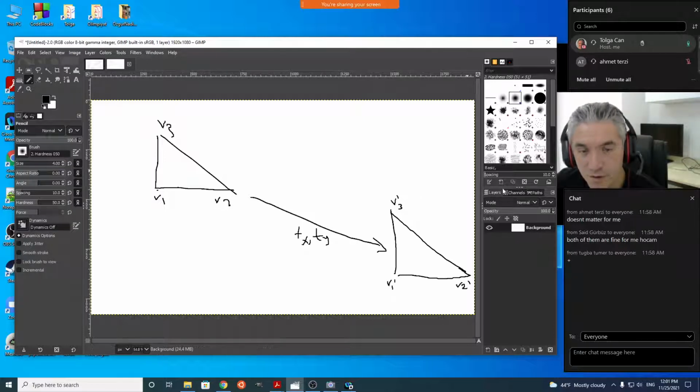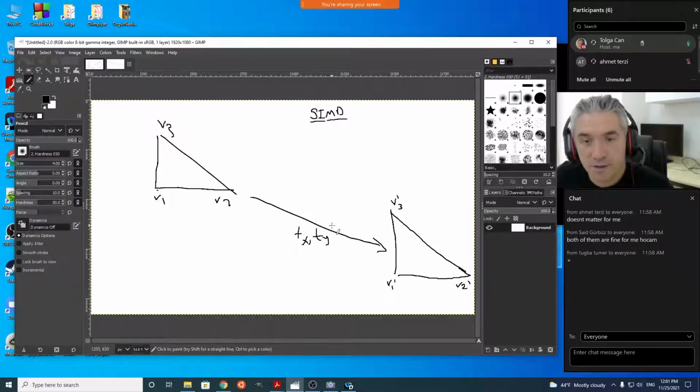In the parallel computing domain, this is called SIMD, single instruction, multiple data. We have a single instruction, a single function, that we want to apply on thousands of vertices. In this case, the instruction will be a fixed matrix.